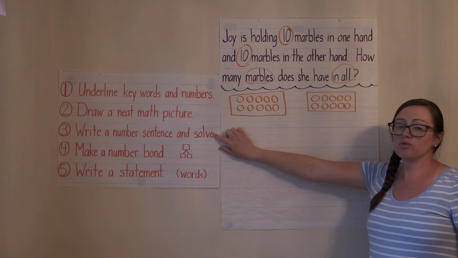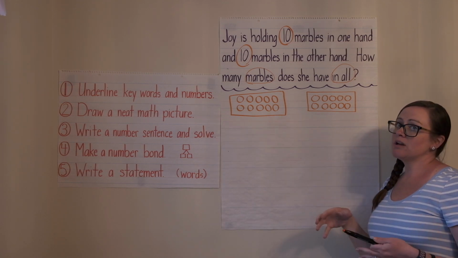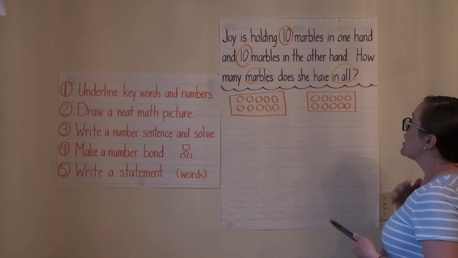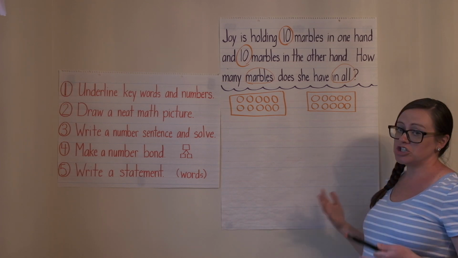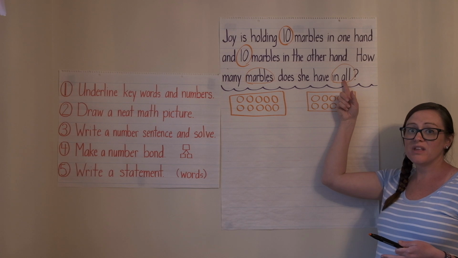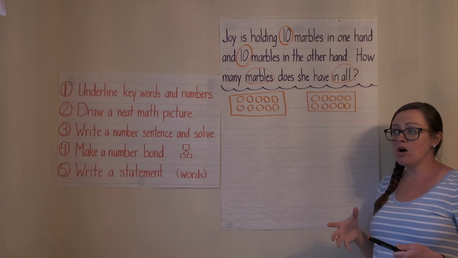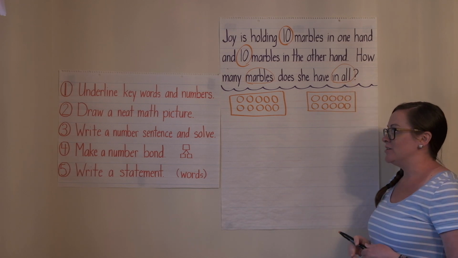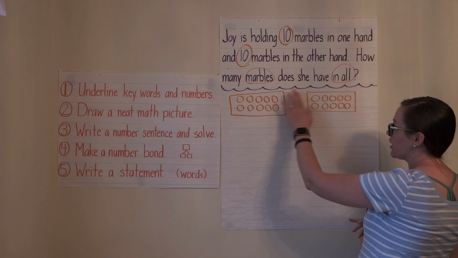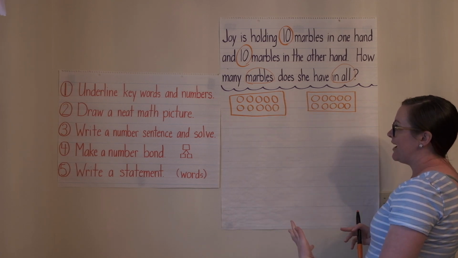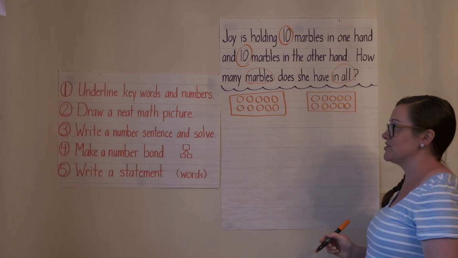Then it says, write a number sentence. So now I have to look at my question. How many marbles does she have in all? And those keywords in all mean we're going to add. So I'm going to take my 2 parts and I'm going to add them and come up with my answer.